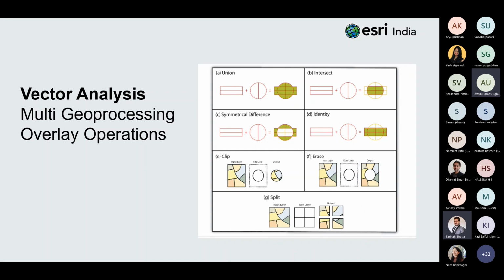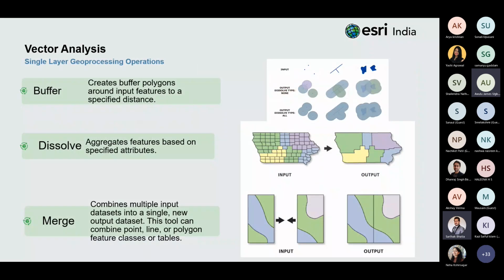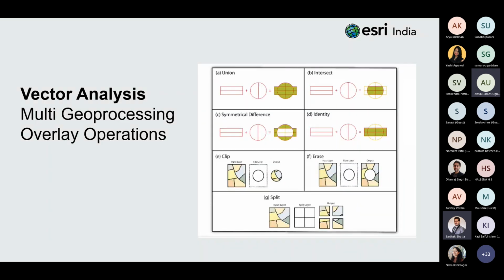This again, as we were discussing earlier, the general procedure allows us to combine our features with the merge tool. Split helps us distribute it along the same rule itself.